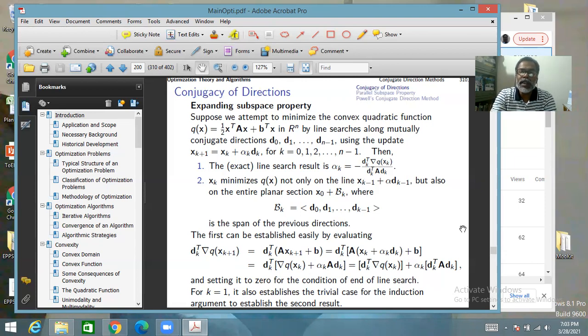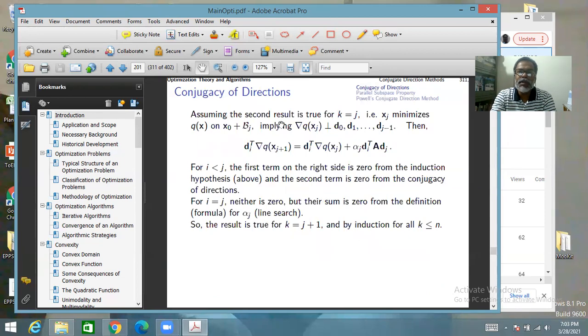Now, since we have already covered the trivial case of the induction argument, we go for the rest of it. We assume the second result to be true for k equal to j, and that will mean that xj minimizes the function over the j dimensional planar section, the cut section in the n dimensional space, and that means the gradient at xj is orthogonal to this entire subspace, the span of all these directions.